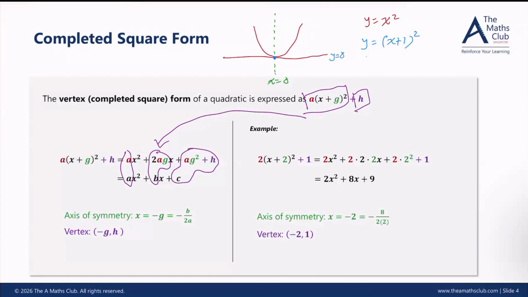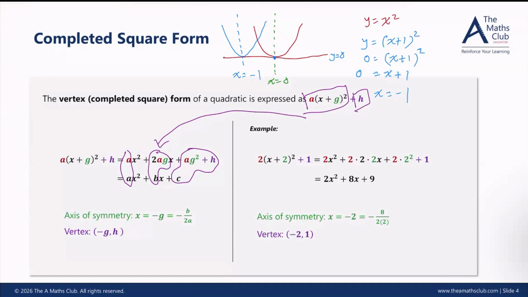So let's say if you set y equals 0 and you have x plus 1 squared, and you simplify it, what you get is x equals minus 1. If you plot this on the graph, this axis of symmetry will occur at x equals minus 1.